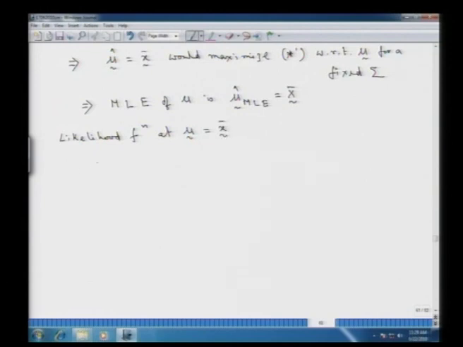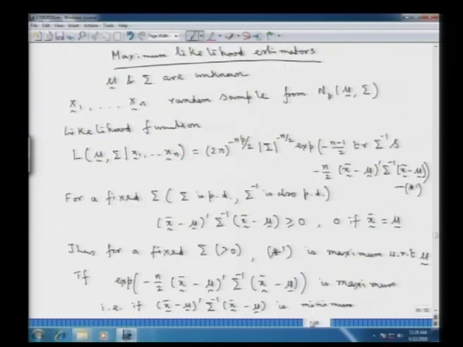So, the likelihood function at mu equal to x bar, let us denote that by L of mu hat, sigma, x1, x2, ..., xn, is equal to 2 pi to the power minus np by 2, determinant of sigma to the power minus n by 2, and then we have the exponent. Now, what would that look like? Let us look at the likelihood function.